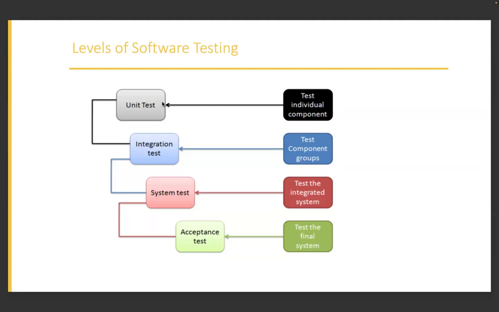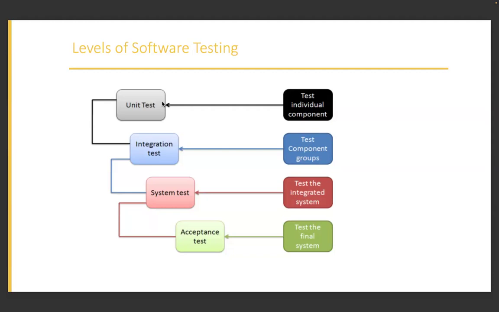Integration testing: once the modules are unit tested, we try to integrate them and make sure the flows are working fine from one page to another. Whatever unit-tested components have been validated, we group and merge them and do end-to-end integration testing. Next is system testing.